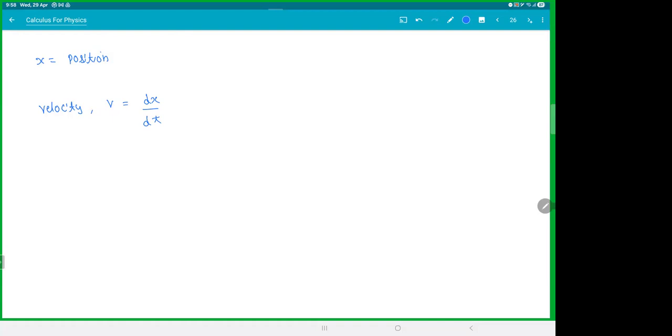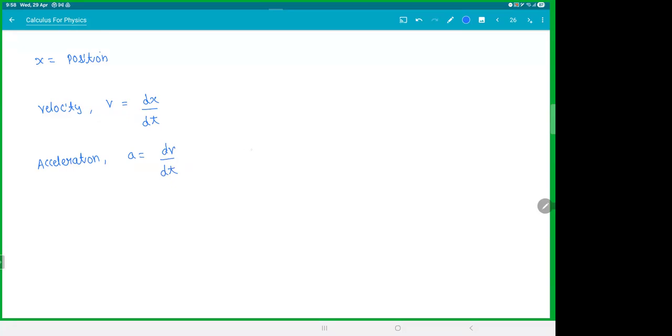Okay. So velocity v is dx by dt. If you differentiate x once, you get velocity. What about acceleration? A is nothing but the change in velocity by time. This can also be written in another form.